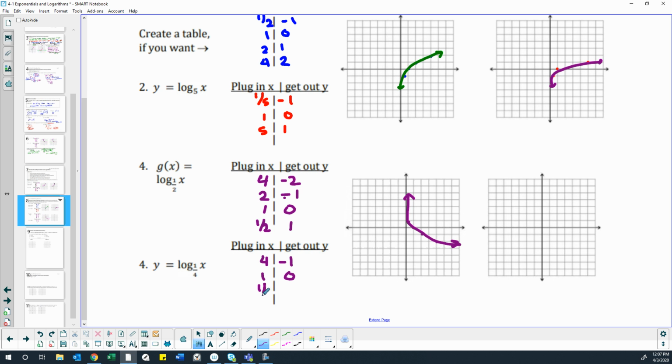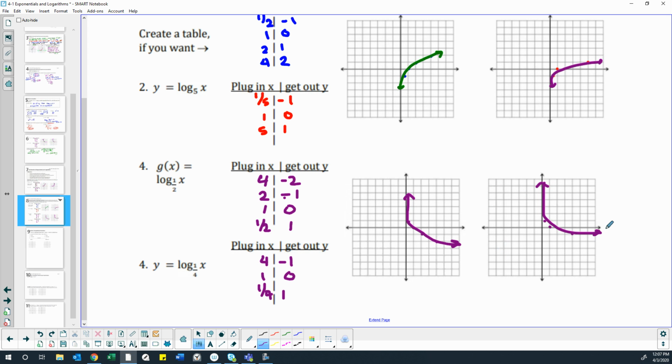And 1/4 would be 1. So that gives us this graph here. 4, -1, that's in the wrong place. And 1, 0, and 1/4, 1. So yeah, again, we've got that upside down logarithmic graph.